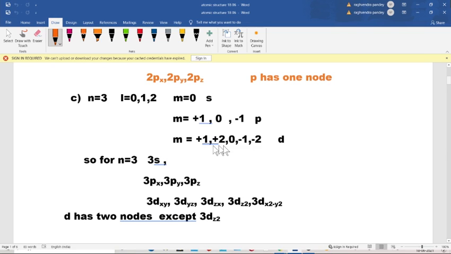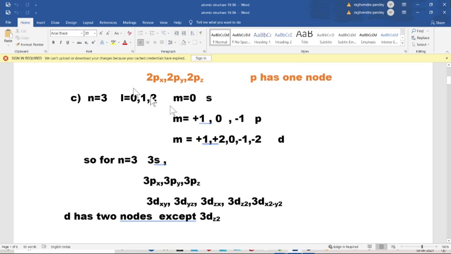I did this wrong, here it should be plus.